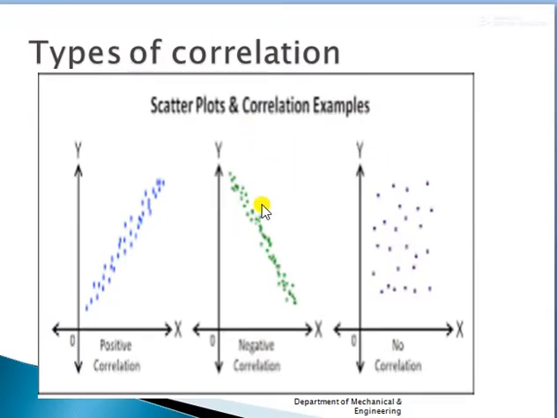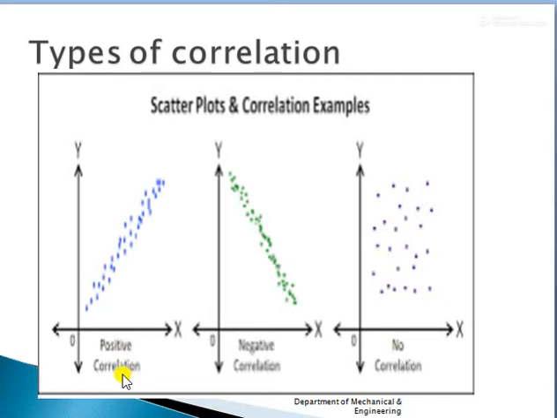First one we see is the positive correlation, and this positive correlation is said to be perfectly positive when all the points lie on a straight line rising from the lower left hand corner to the upper right hand corner.